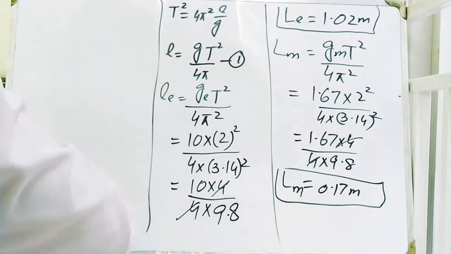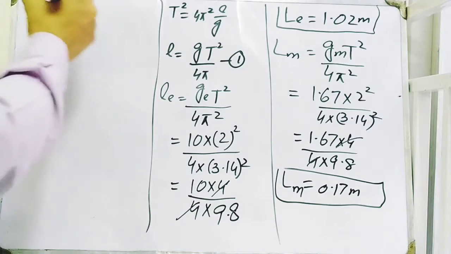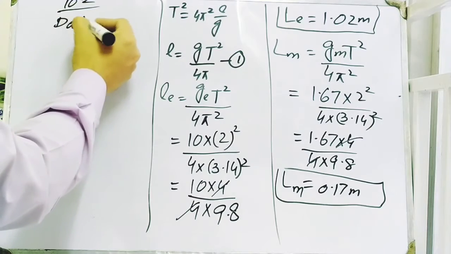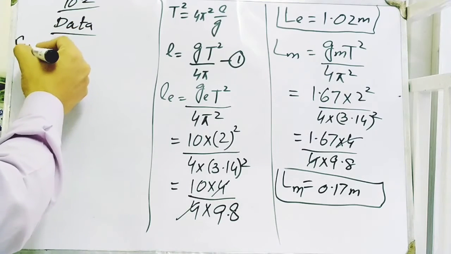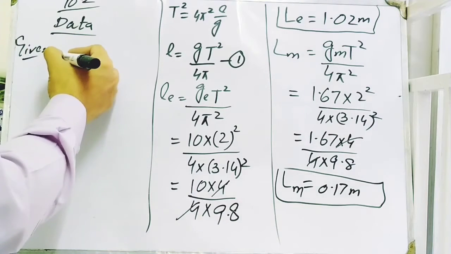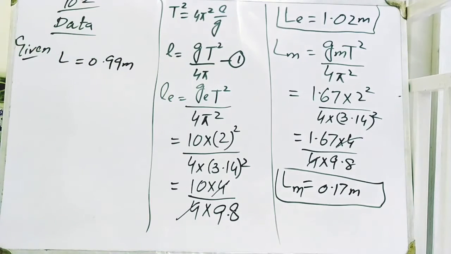Numerical number 10.2. Data given. The length of a pendulum is 0.99 meter.